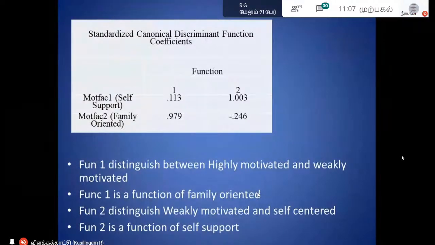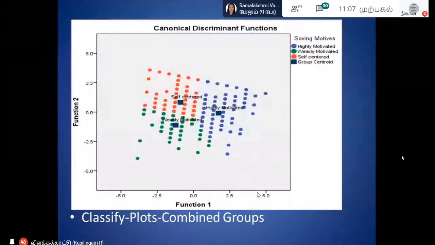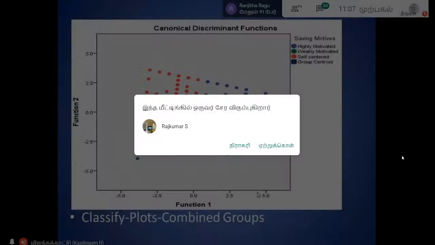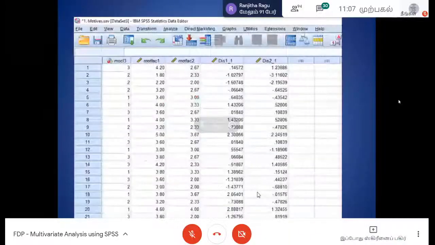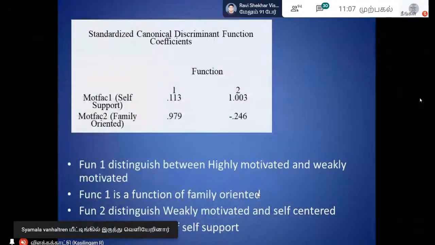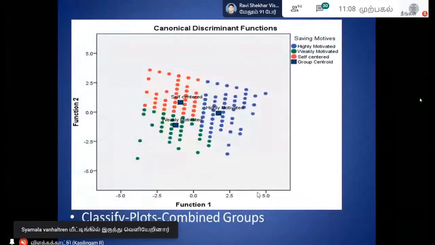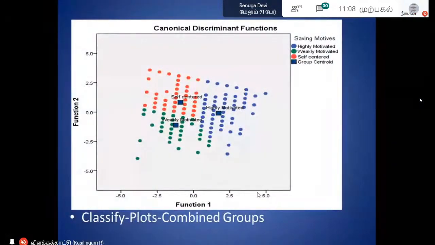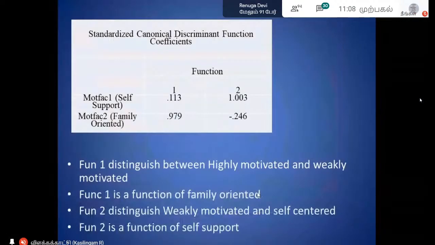Function 1 discriminates weakly and highly motivated, which means if they have higher values of family-oriented, they will be highly motivated. The idea is very simple.